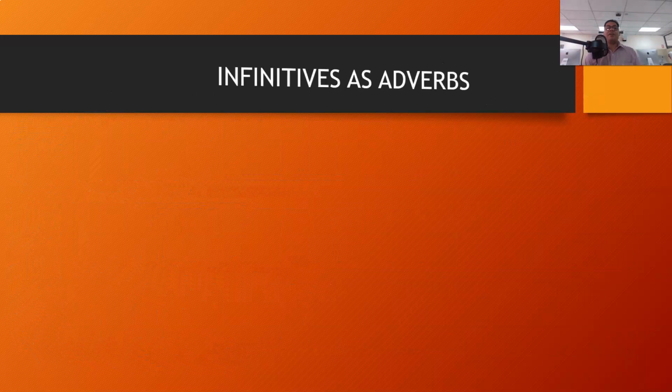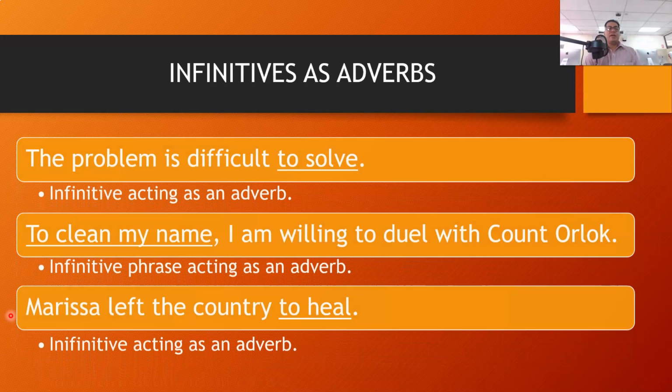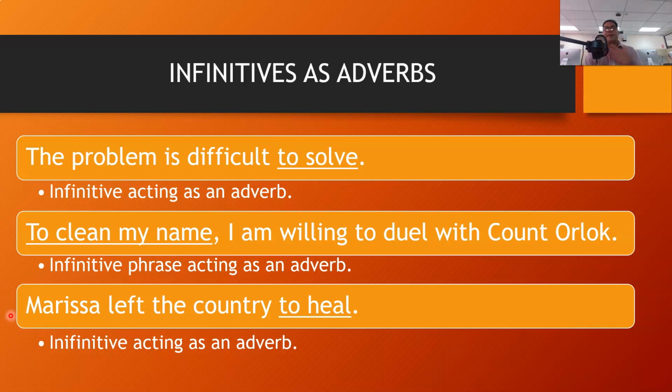And then we have infinitives as adverbs. And this is my strategy, I'll be honest with you. Sometimes I go and I apply an elimination process. I think it's easier for me when I am analyzing infinitives, because I'm not gonna lie to you, sometimes it can be difficult to figure out the role that an infinitive is performing.